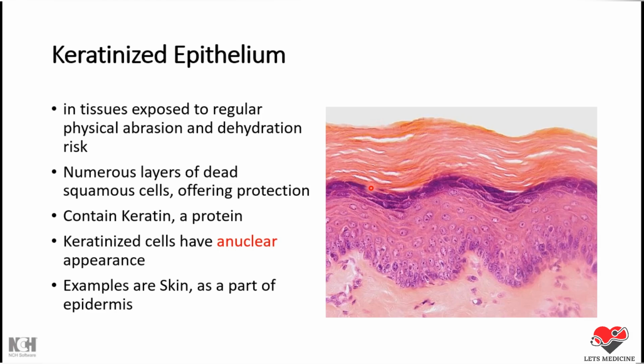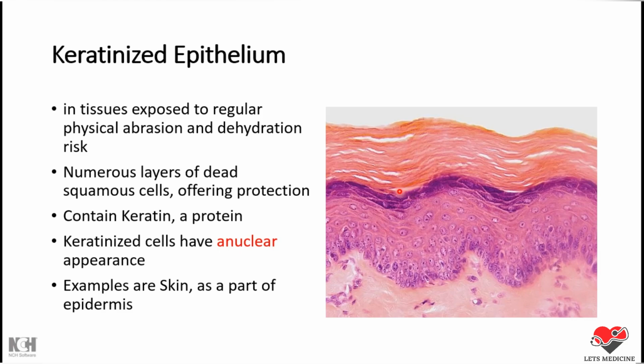Then another thing which you must remember about the cells of keratinized epithelium, the topmost cells, they are anuclear in appearance. When you see under the microscope, you cannot appreciate the nuclei present in the squamous cells of keratinized epithelium, because they are completely filled by the keratin granules, and their nuclei are invisible, and also because most of the cells which have reached the topmost layer are basically dead cells.